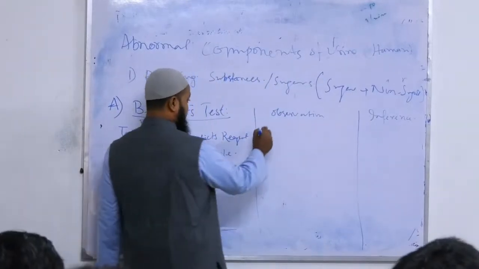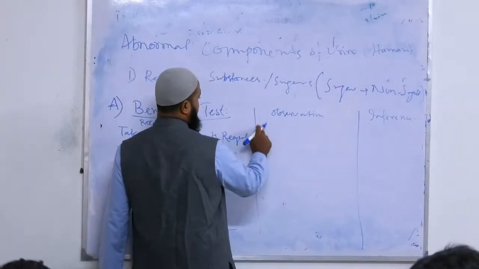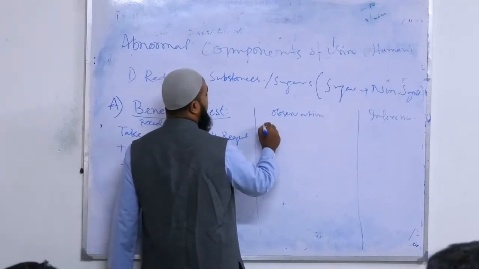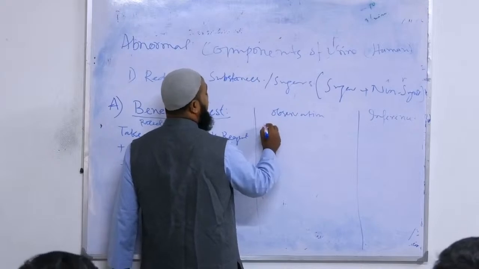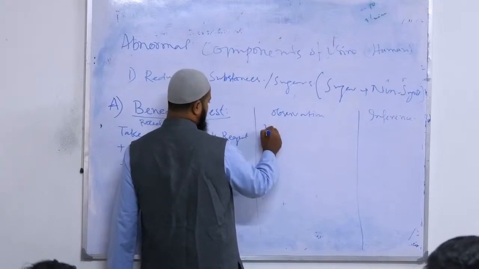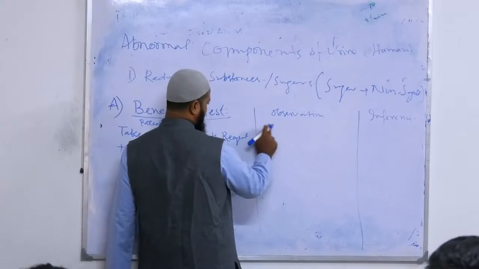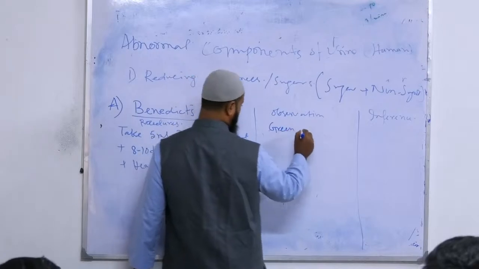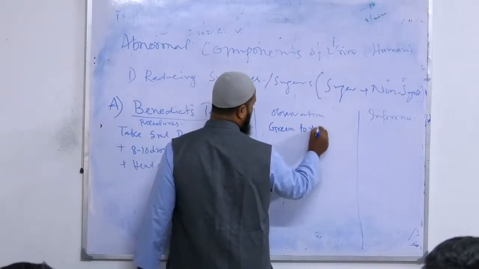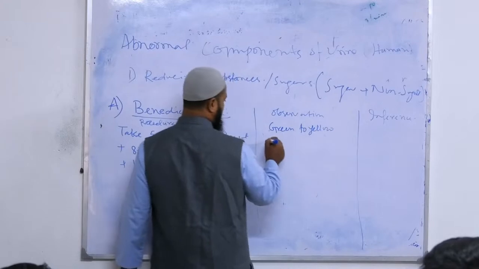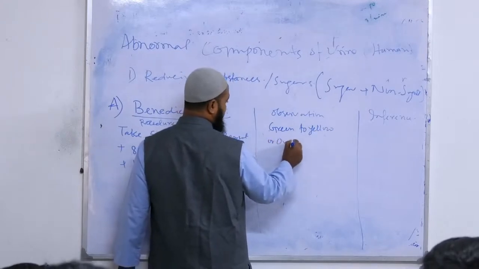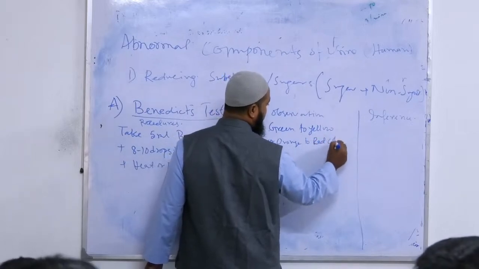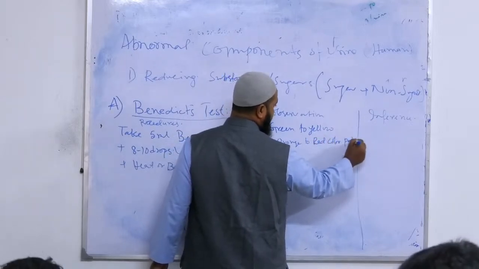There will be color production: green to yellow or orange to red color precipitate.